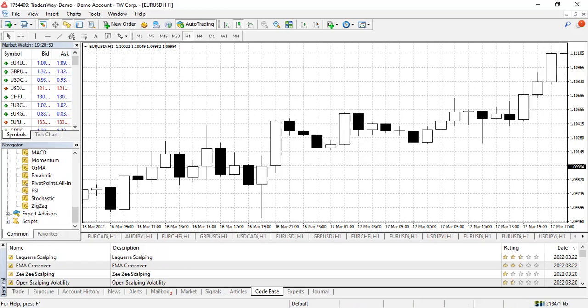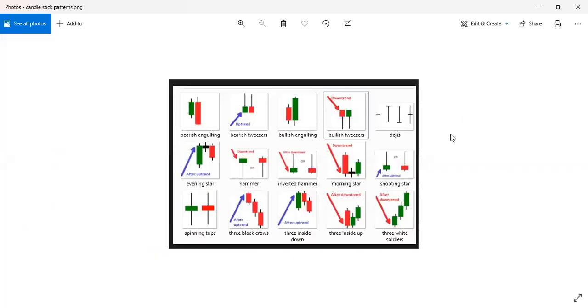The other one we have here is called Doji. Let me show you Doji here. So this is how Doji is. This is Doji. This one is called the dragonfly.